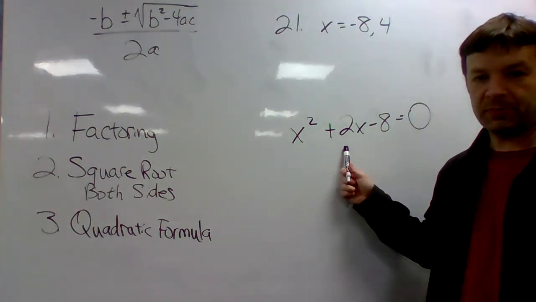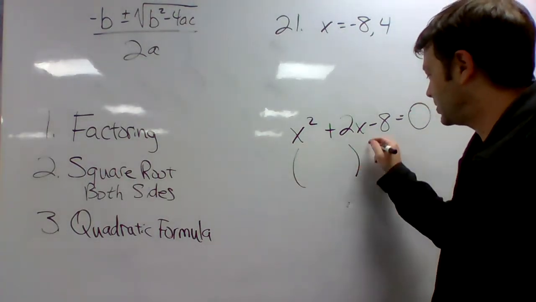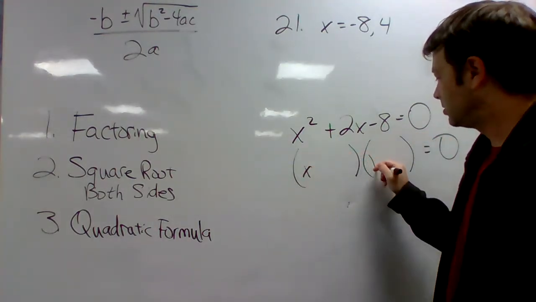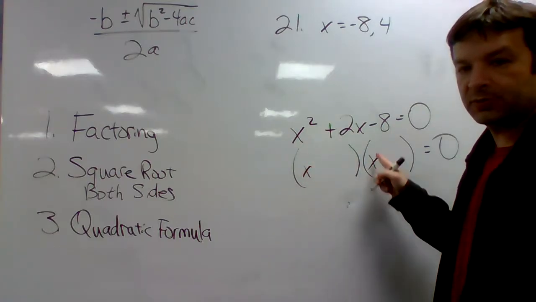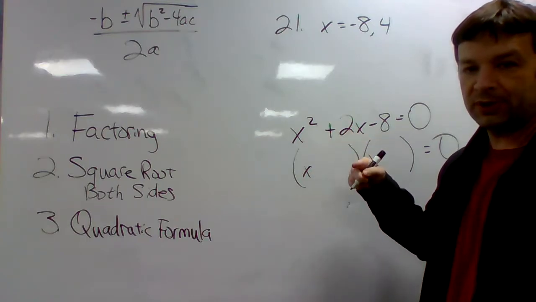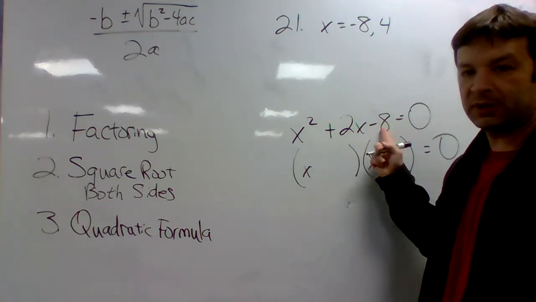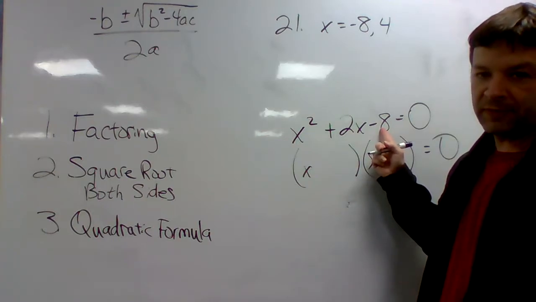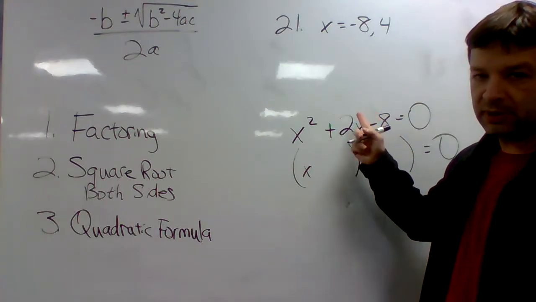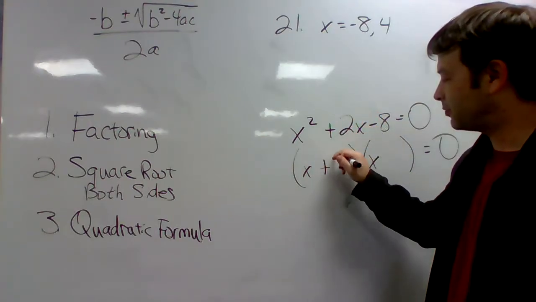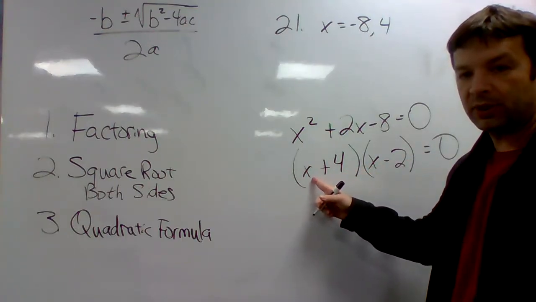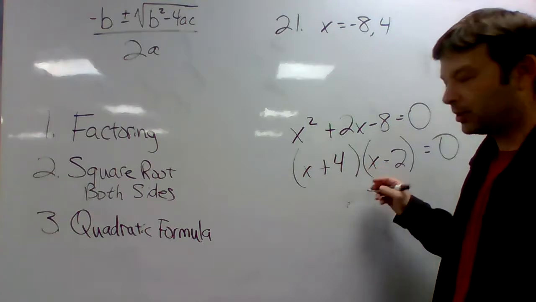If I were to solve this by using factoring, I would do this trick we did a couple problems ago. What goes in x squared is x and x. What goes in negative 8 that adds up to 2? 4 times 2 is 8. Negative 4 times 2 is negative 8. But if I make it positive 4 times negative 2, those would add up to 2. So it's positive 4, negative 2. So therefore my answers are, what makes this 0? Negative 4 and positive 2.